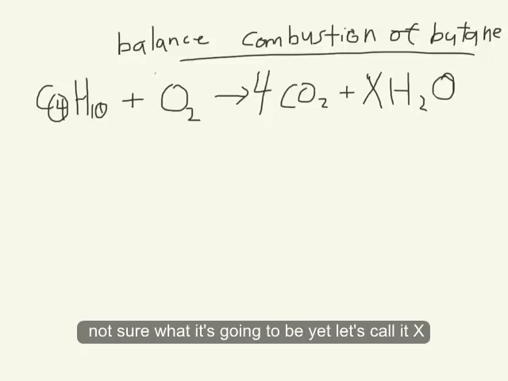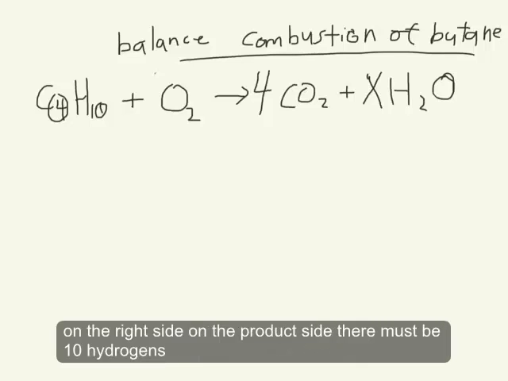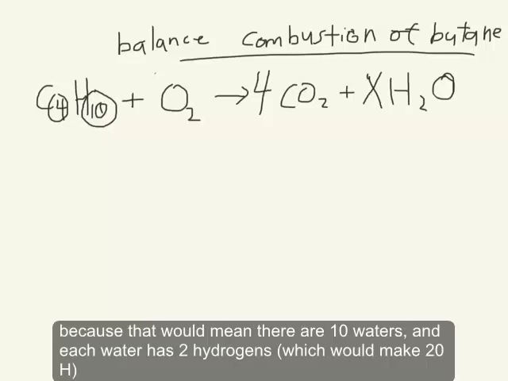Let's call it x. But I know that on the right side, on the product side, there must be 10 hydrogens because there are 10 on the left. So x isn't going to be 10 because that would mean there were 10 waters. Each water has 2 hydrogens.